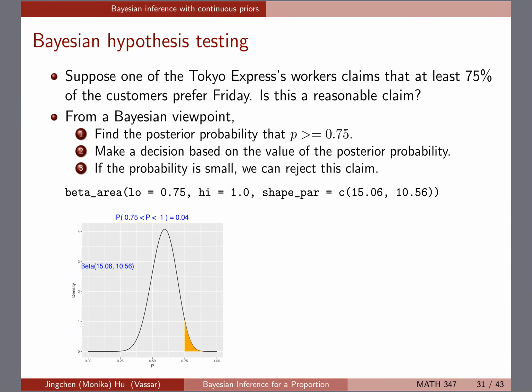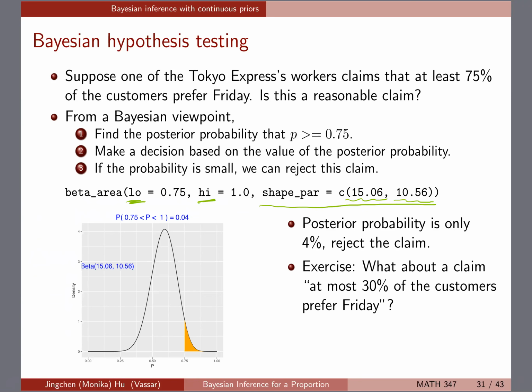This stands for low, this stands for high, so you're getting that interval, and then you input the shape parameters, the two posterior parameters for the beta posterior. Once you do it, you see the probability is about 4%, which is low, so we are able to reject the claim.